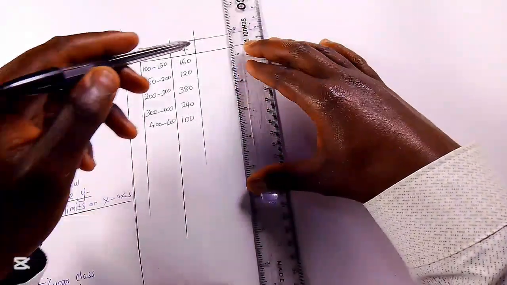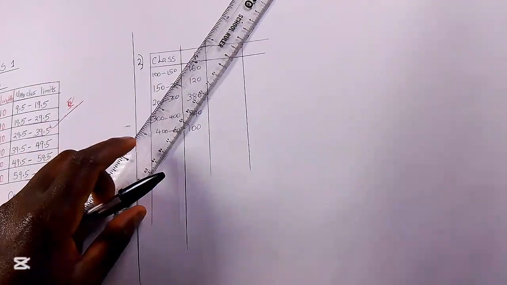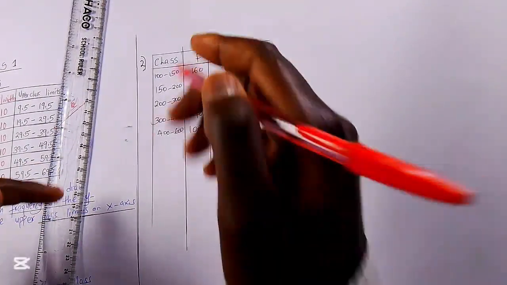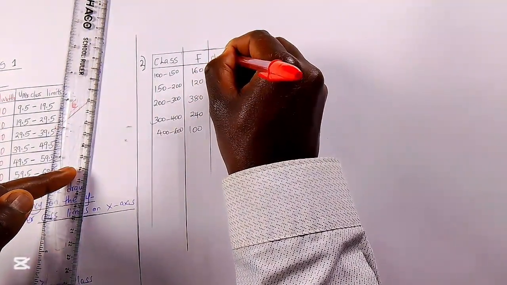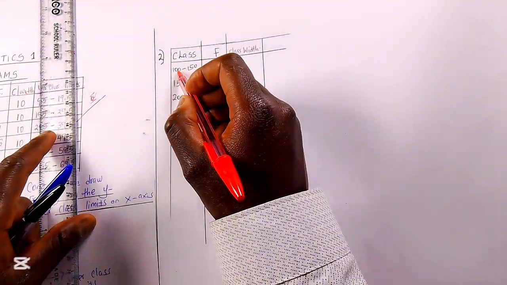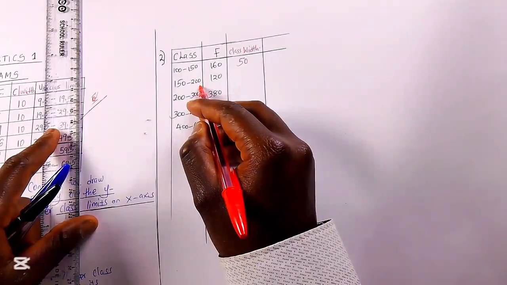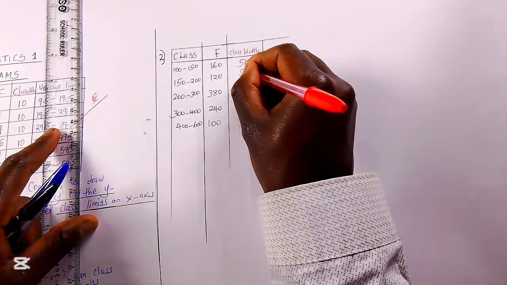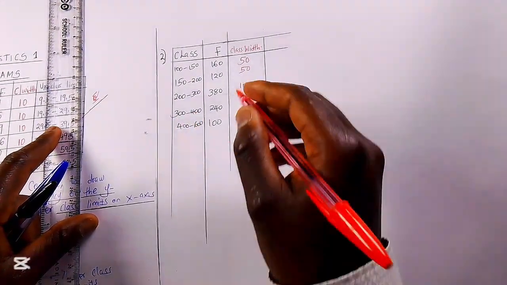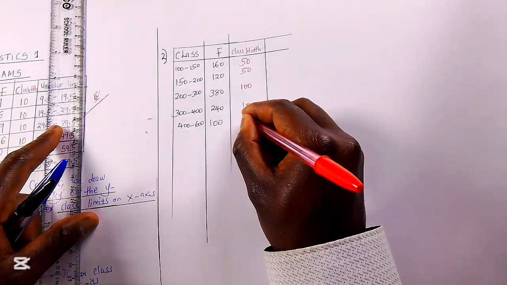In this case, our class width, if you check this clearly, from 100 to 150 is 50. 150 to 200 will give us 50. 200 to 300 will give us 100. 300 to 400 will give us 100. 400 to 600 will give us 200.